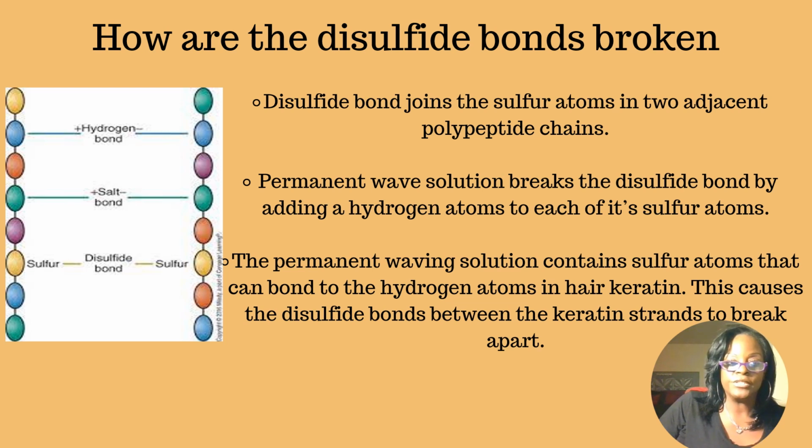That's what causes the disulfide bonds to break. Now the bonds are broken, and they can be reformed into new shapes when the hair is rolled on a roller. So permanent wave solution breaks these bonds by adding a hydrogen atom to the sulfur atoms. I hope everybody got that.